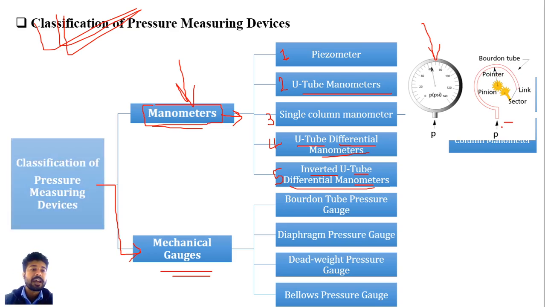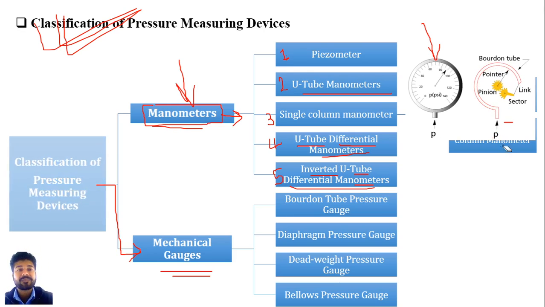So simply, where you are going to find out the pressure, at that time we need to connect this line with that pressure line, and pressurized air goes inside this metallic tube, and this tube deflects due to the higher pressure of air.